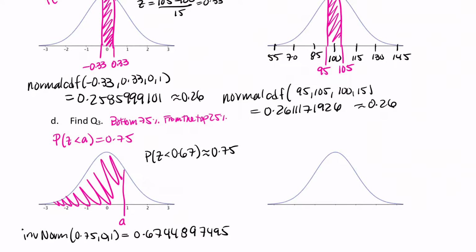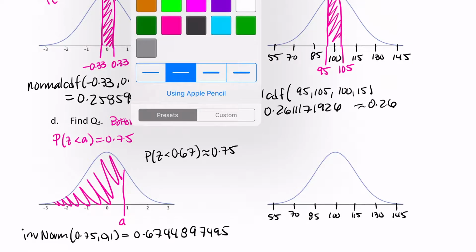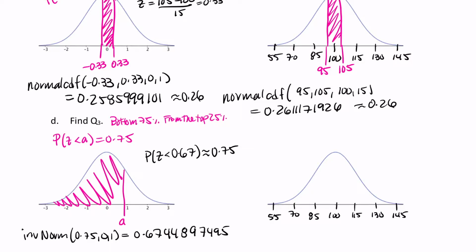Let's do this without converting to z-scores. So the 75th percentile is going to be about here. Let's label this B this time. And again, we know the area on the left we want is 0.75.